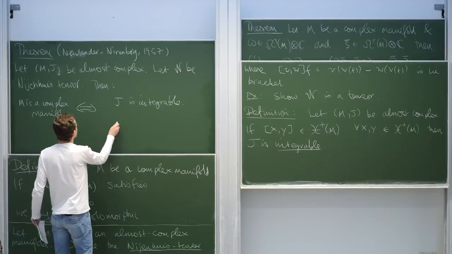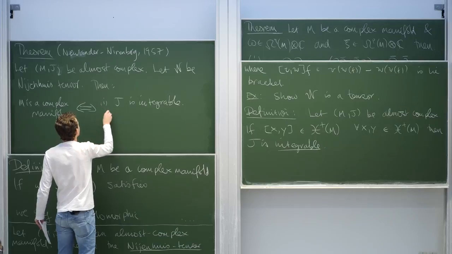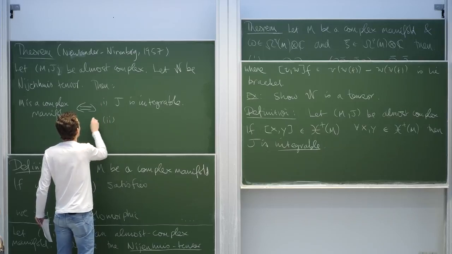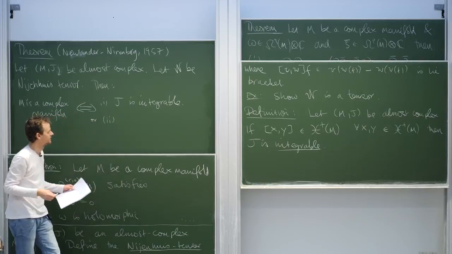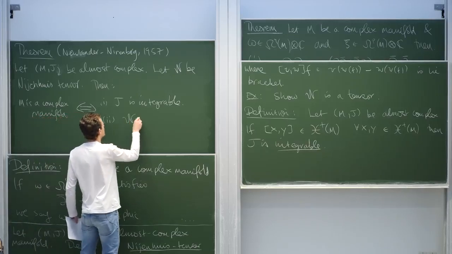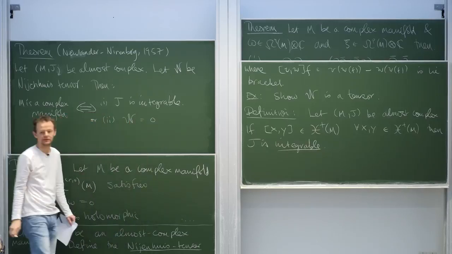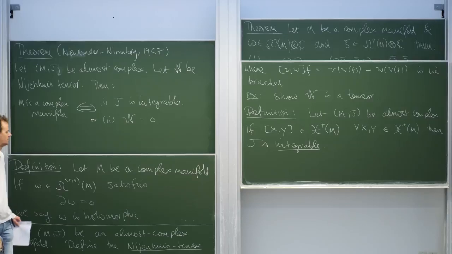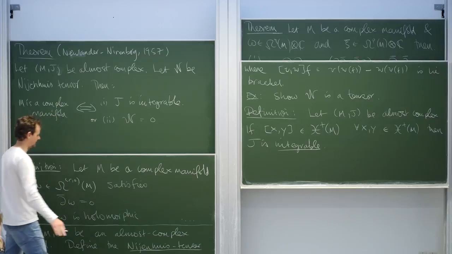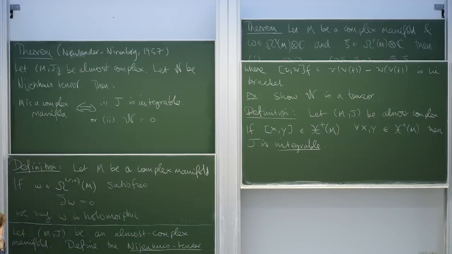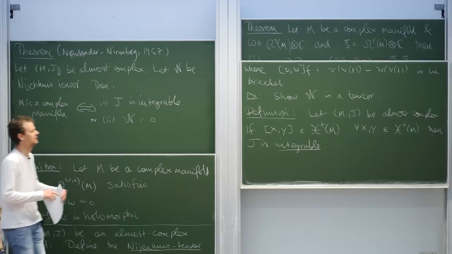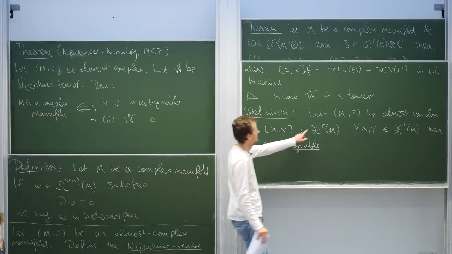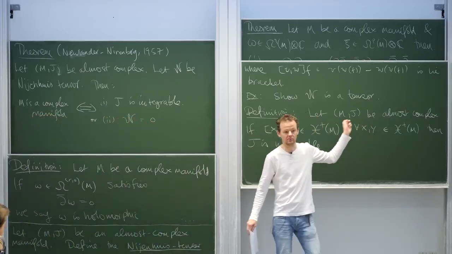Another condition is that this tensor N vanishes. If you like, this tensor N captures the defect from J being integrable.